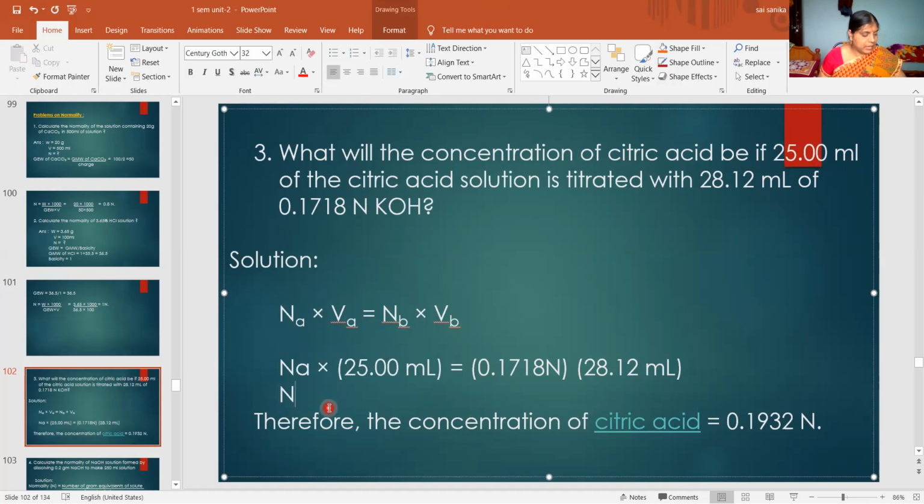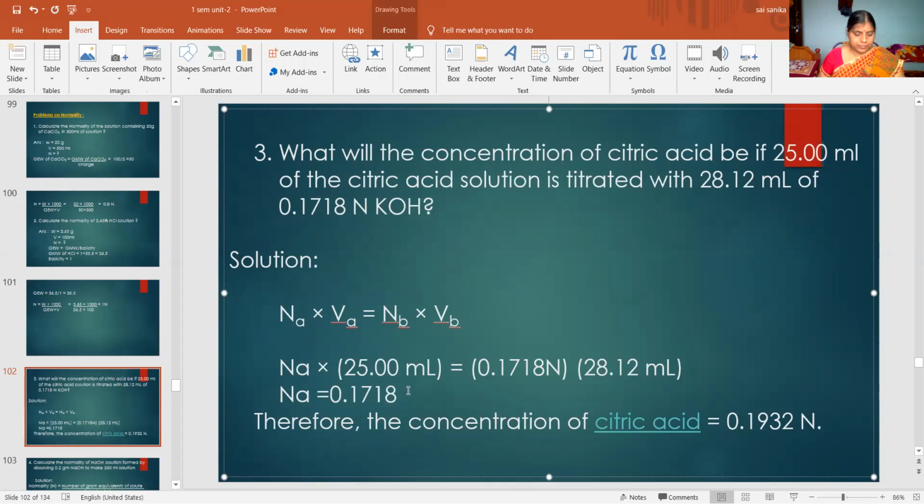Na is equal to 0.1718 into 28.12, by 25.